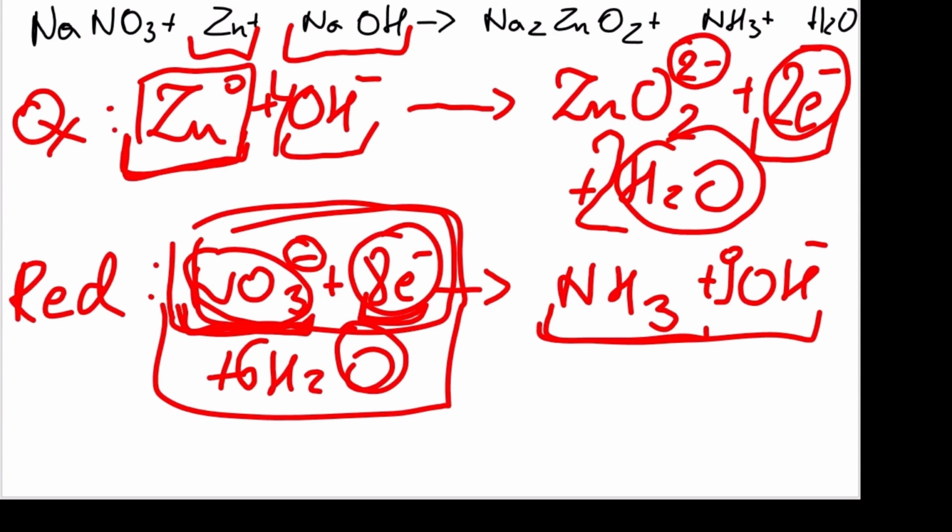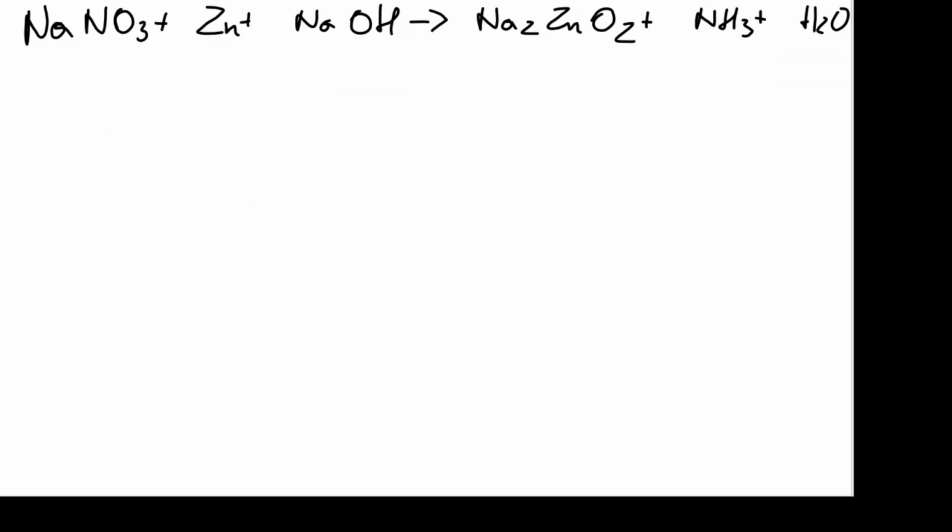Okay, so in the oxidation reaction we have 2 electrons. 2 electrons take a part in the oxidation reaction. In the reduction reaction there are 8 electrons. So in the oxidation reaction we have 4 atoms of metallic zinc.